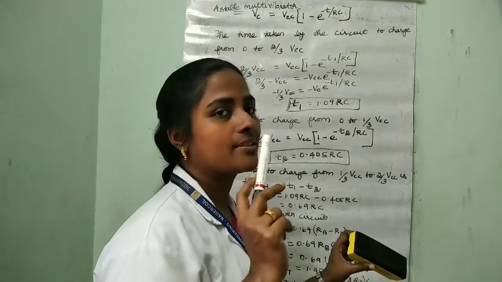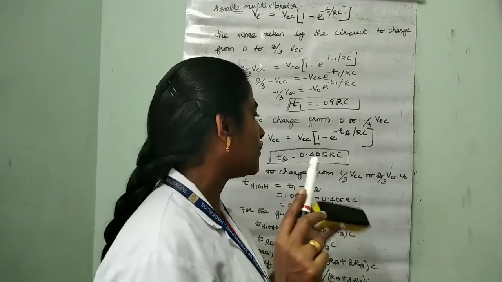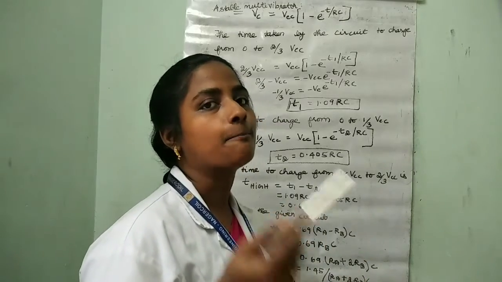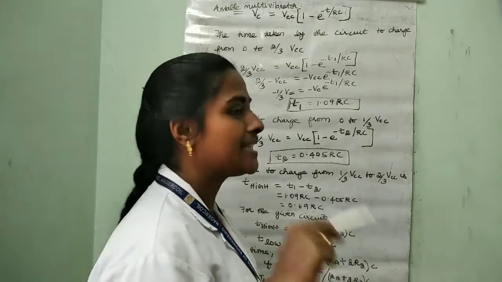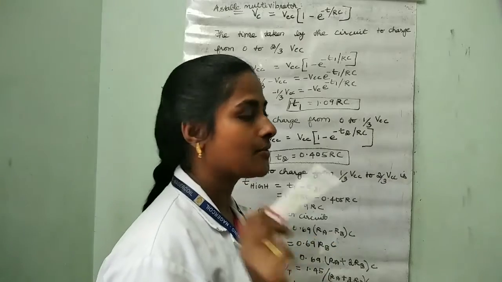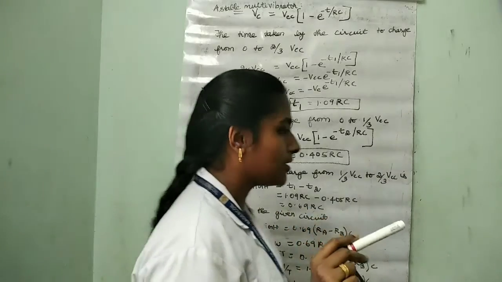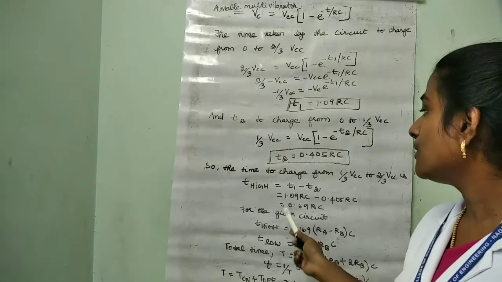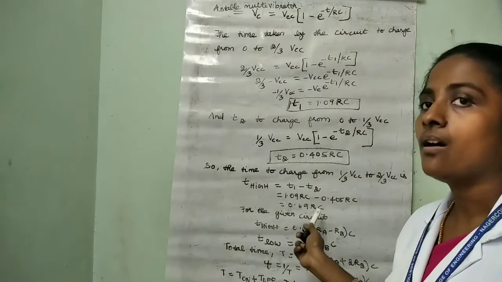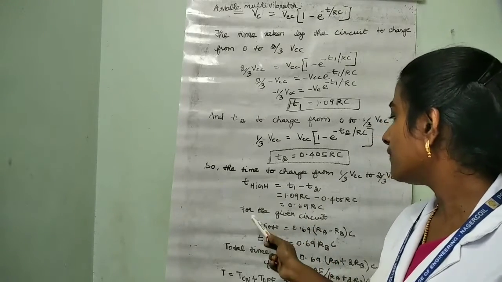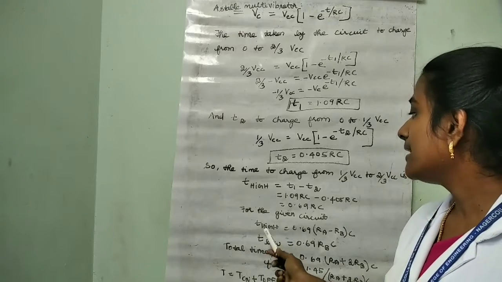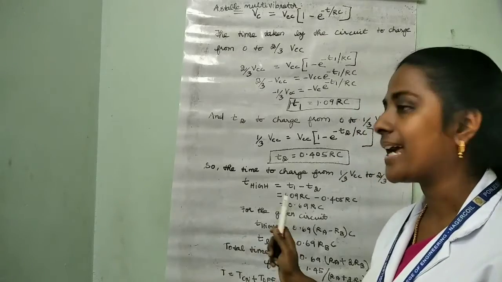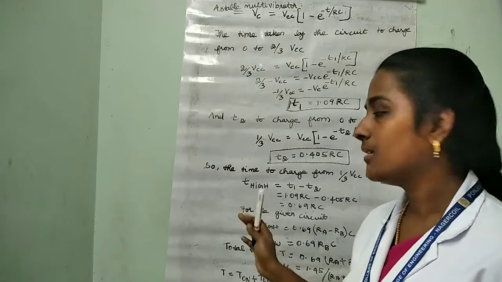Now the time taken to charge from 1/3 VCC to 2/3 VCC means you have to subtract both the values, that is T1 minus T2. So T high is equal to T1 minus T2. So you will get the value 0.69 RC. Okay. So for the given circuit, T high is equal to 0.69 because we are having two resistances.